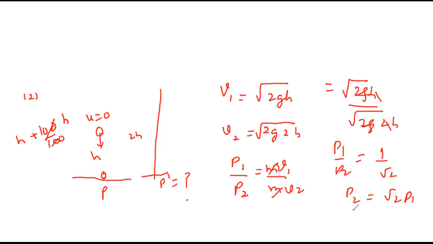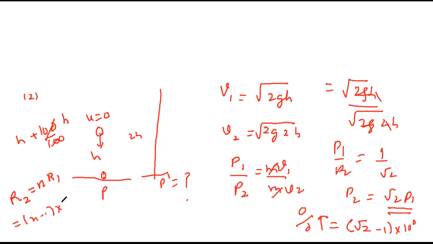Very important sum. Such type of things are frequently asked. Not very difficult ones will be asked, I feel, this time. Now, if this is root 2, then the percentage change, shortcut method, is root 2 minus 1 into 100. This is our shortcut method. If the new value, suppose R2 is the new radius, becomes n times R1, then n minus 1 into 100 is called percentage change.